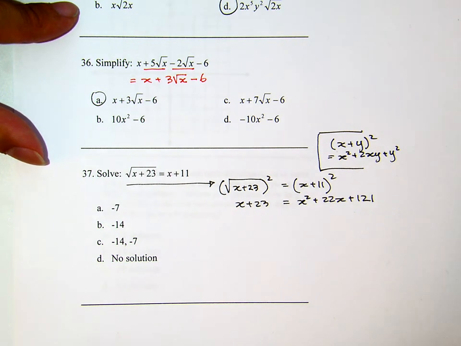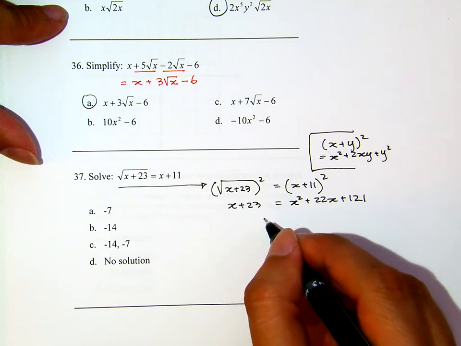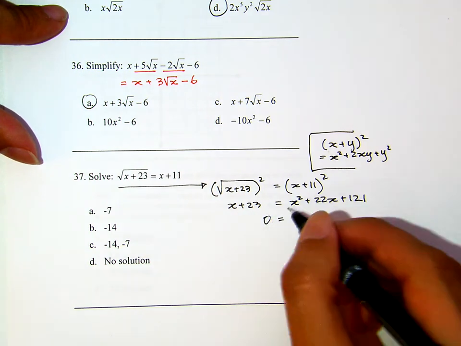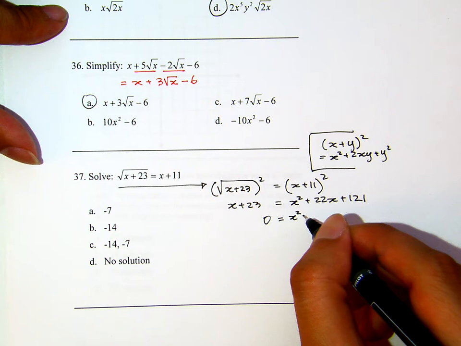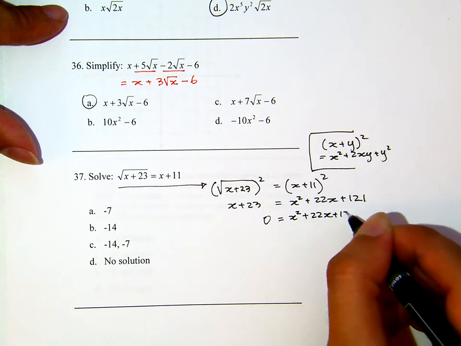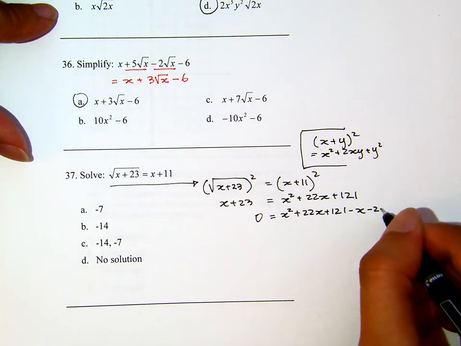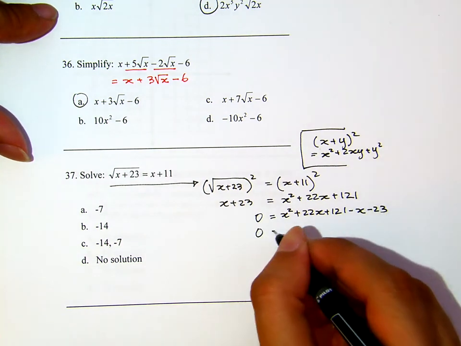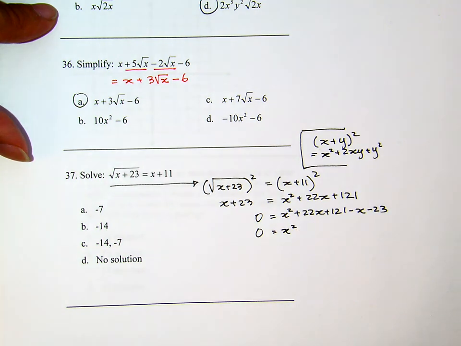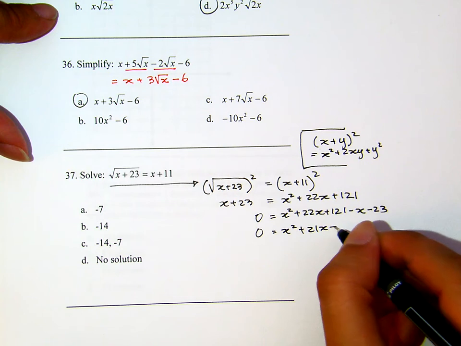Now let me go on. To solve this equation, I will move the x plus 23 to the other side. Because it is a quadratic equation, I will set one side equal to 0, so that after this I will factorize: 0 equals x squared plus 21x plus 98.